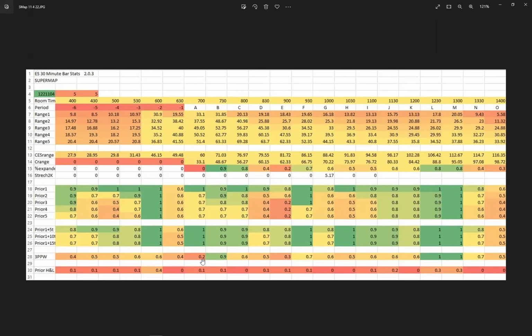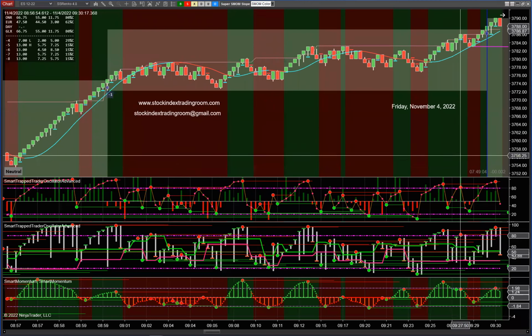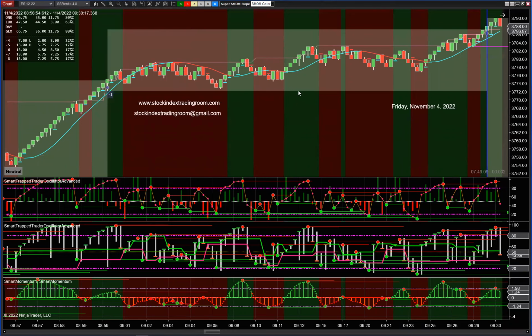Remember that, 80% to reverse. So when we get a read here, we get a fill here, we're looking for the opposite direction for 33 points. Okay, so that's the way the market is set up for us. This is Friday, November the 4th. Blue line is the open.